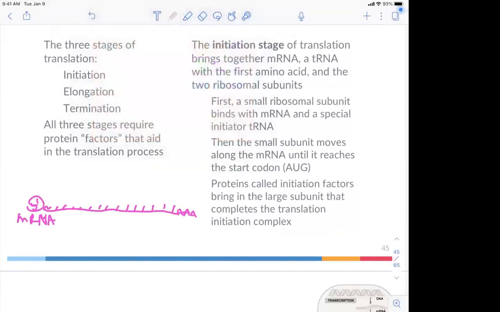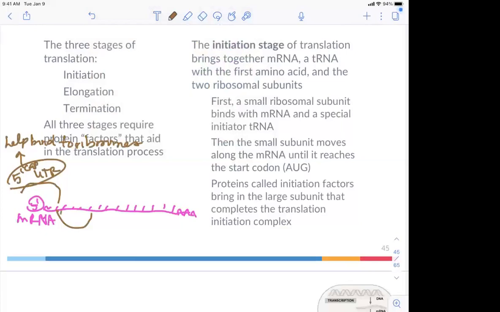Should I make it pink? No, let's make it brown. Like this. And it's going to attach. And it's likely attaching somewhere near this 5' cap and the untranslated region that comes right before the first AUG. 5' cap, these guys help bind to ribosomes.